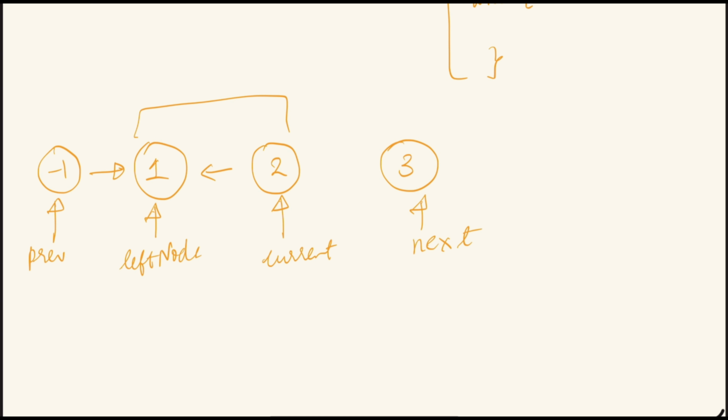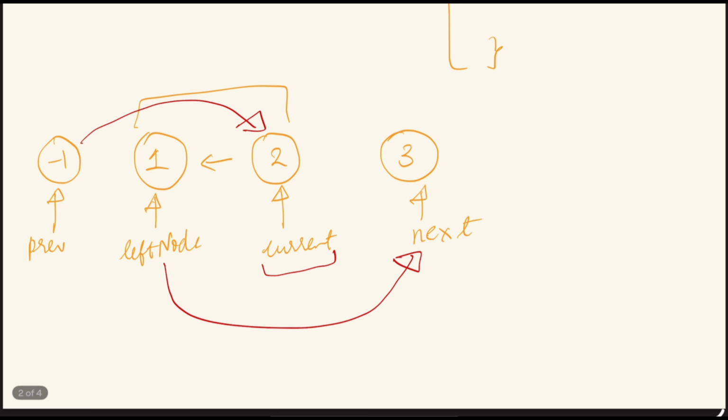To update the pointers correctly, this current would be pointing to the end of the original sublist, but now it would become the start of my reversed sublist. So what is going to happen is previous.next is going to point to current, and left node.next is going to point to 3.